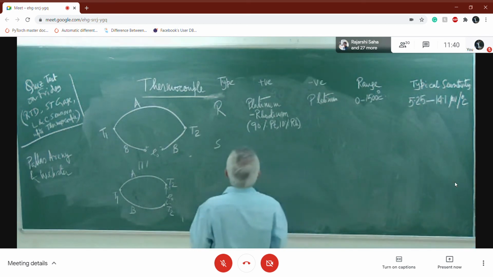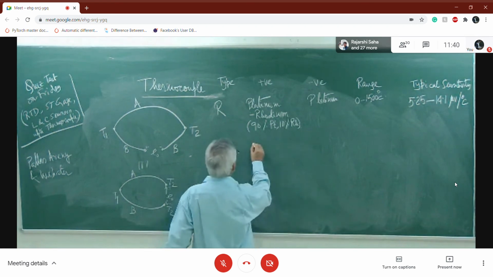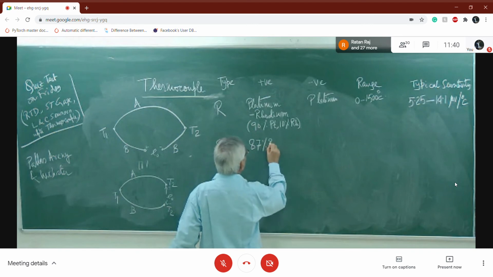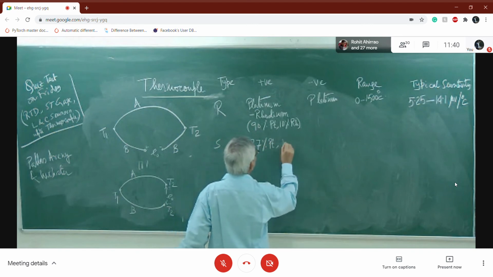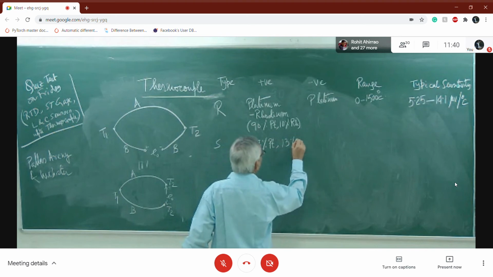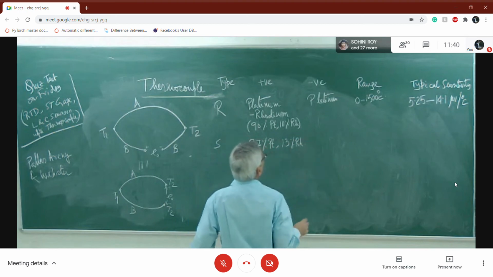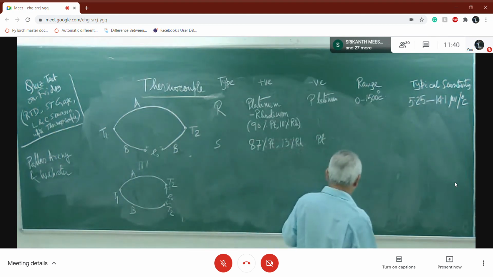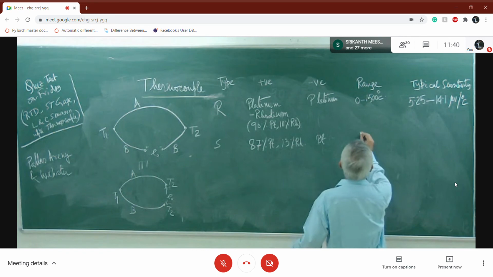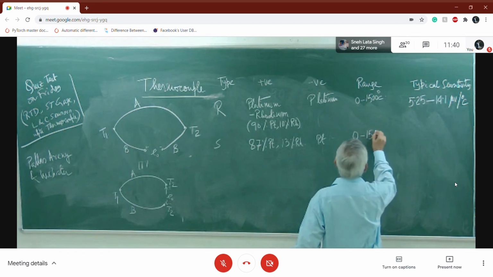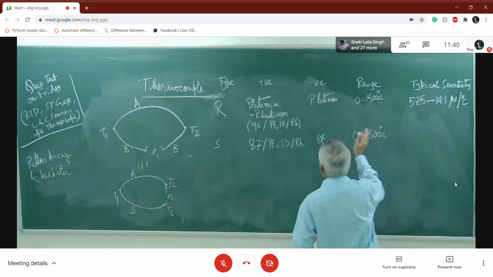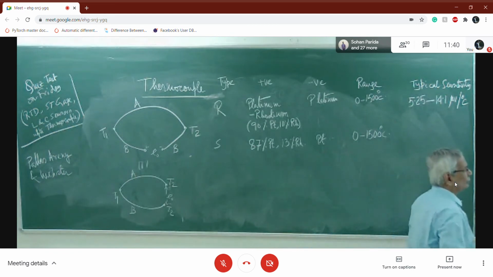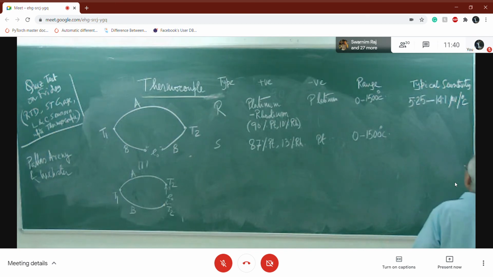Here the S is the same thing, platinum rhodium, but the combination is slightly different: platinum 87% and 13% rhodium. And the negative one is platinum itself. Both of them have very similar characteristics, and two types are being used.